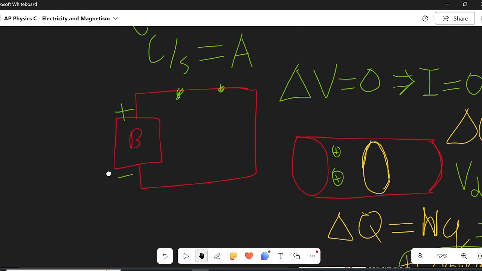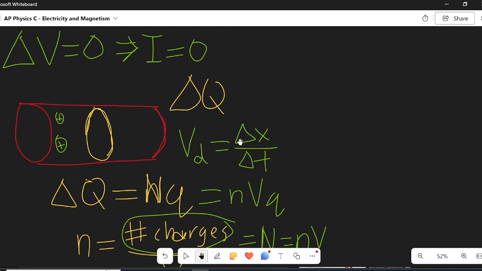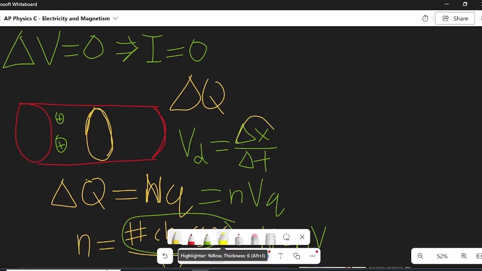Drift velocity is typically very low, and basically the velocity of electrons will be mostly based off of current. If we wanted to isolate delta X, we could do the same thing, and this will be equal to drift velocity multiplied by delta time.